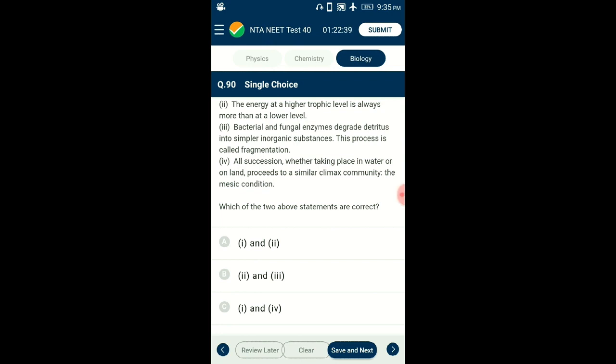Detritivores, for example earthworms, break down detritus into smaller particles. This process is called fragmentation. Bacterial and fungal enzymes degrade detritus into simpler inorganic substances. This process is called catabolism. So there are 2 statements given correctly. Statements 1 and 4 out of the 4 statements. So only 2 statements are given correctly.